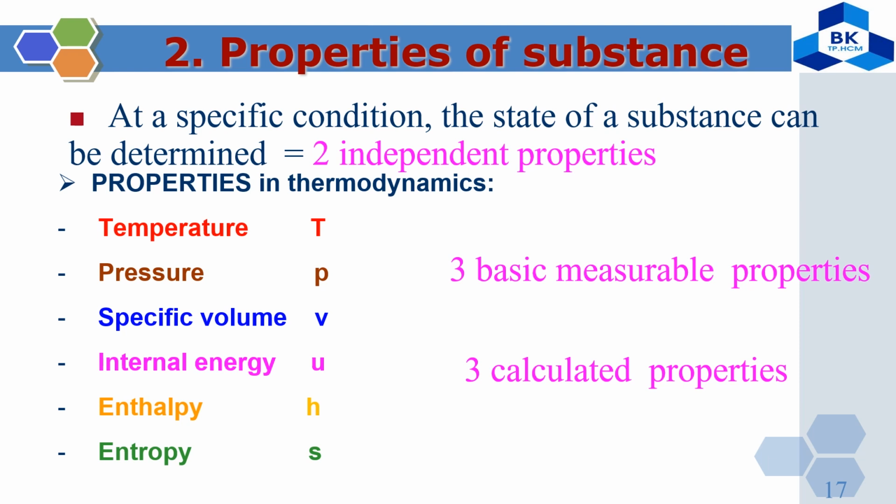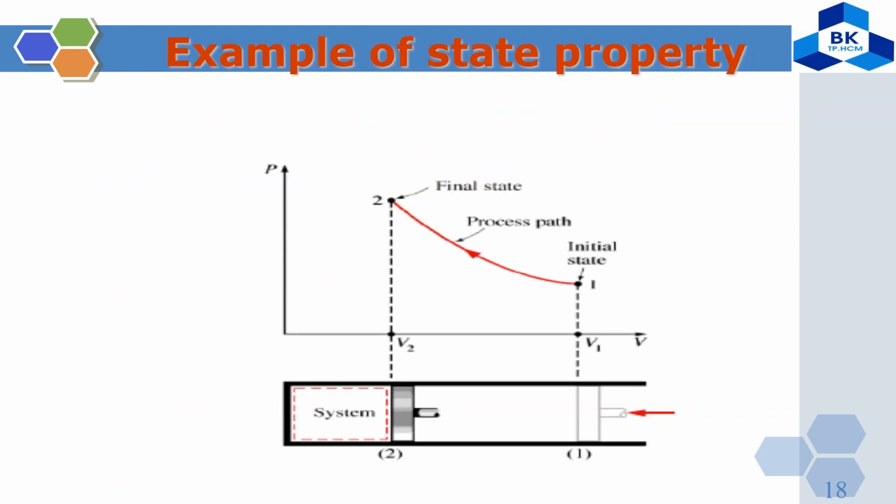It means in order to know the state of the substance, we need two independent properties. You will know about it later. For example, in order to provide the state of a substance, we will use the diagram here. And this diagram is constructed by two independent properties.